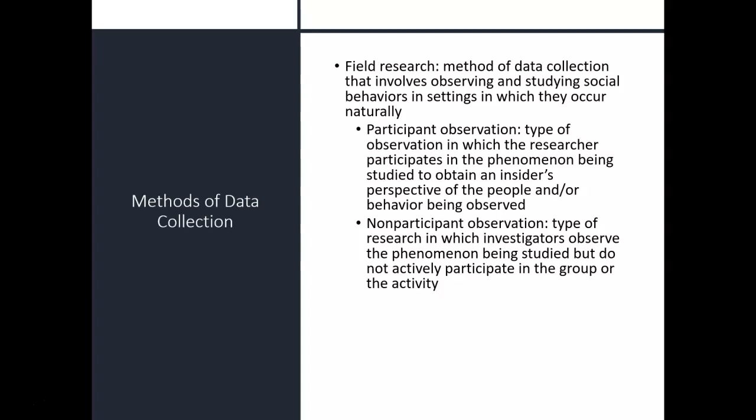You also have to have ethical guarantees that the participant observer or the non-participant observer is not going to behave in any way that puts any of the participants at risk of psychological, physical, or social consequences for the research that's being done.